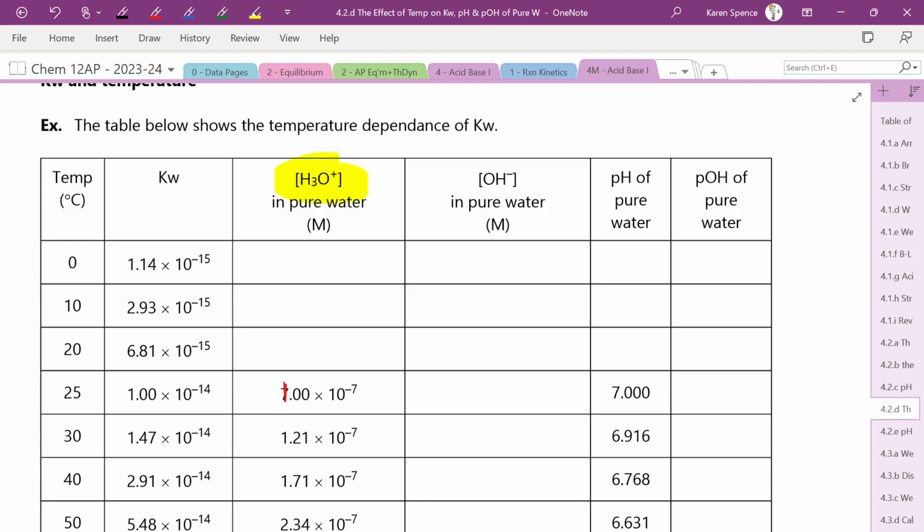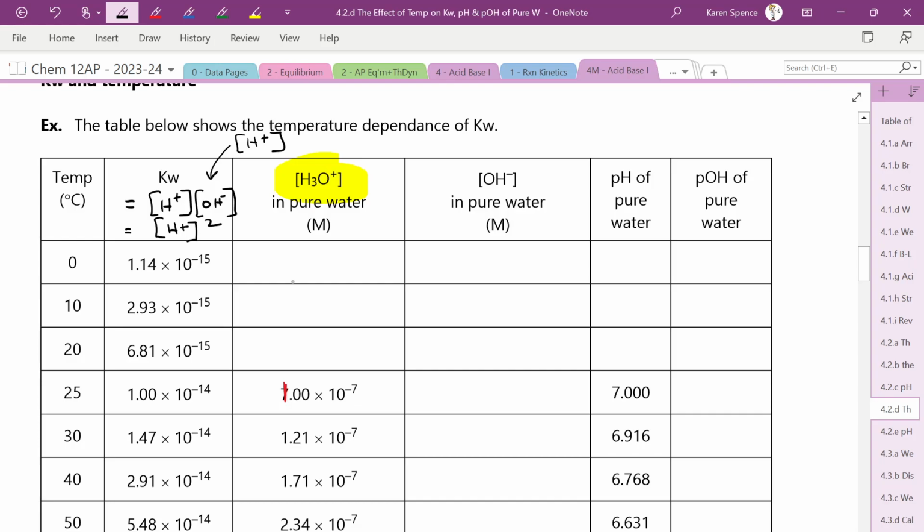Yeah, because Kw, of course, is equal to hydrogen times hydroxide, right? And hydrogen is equal to hydroxide. So we're going to substitute in another hydrogen. So Kw is equal to H plus squared.